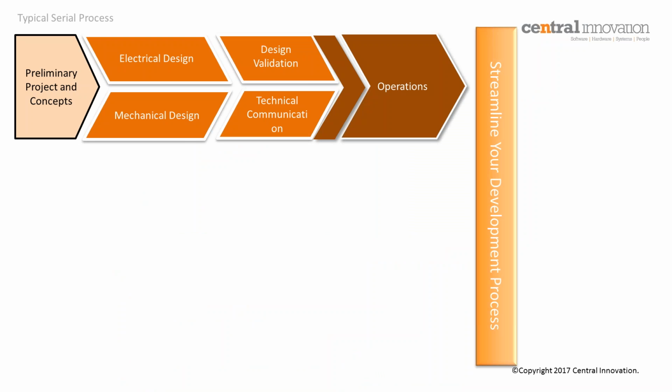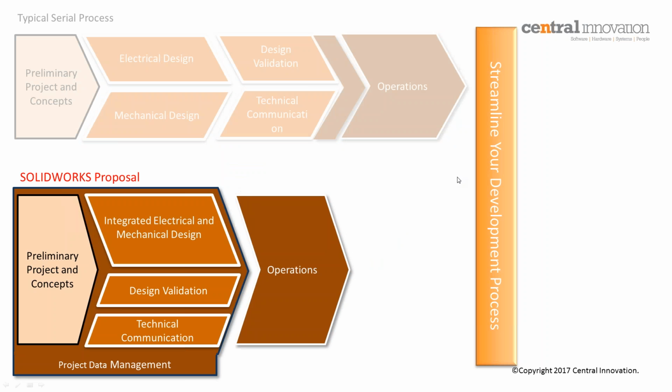If we have a look again, any traditional or typical serial procedure starts with a project concept, either mechanical or electrical design, then after that happens the design validation and technical communication, and then it goes to operation. But with the SOLIDWORKS proposal, design stage, design validation stage, and communication stage happen in parallel, not in a series, or after each other.